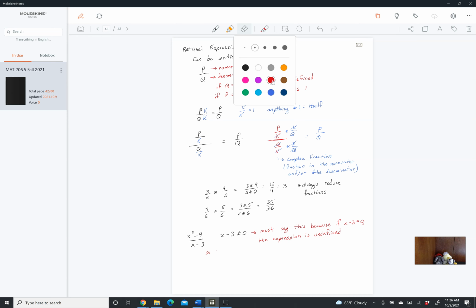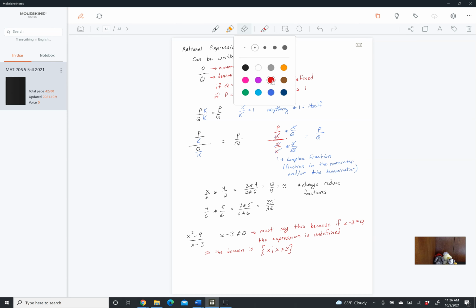So the domain is, we would say, x such that x is not equal to 3. Okay, you could put this in interval notation as well. But what we want to say is that the domain is any number except for 3.